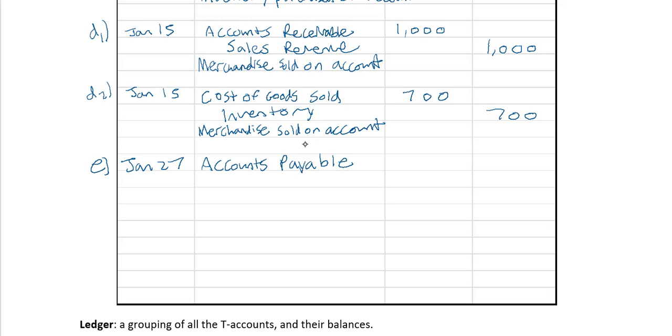Since we no longer owe that liability, we paid in full, the full amount goes away, and of course, we pay with cash. A brief description.